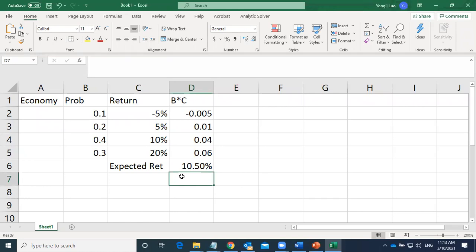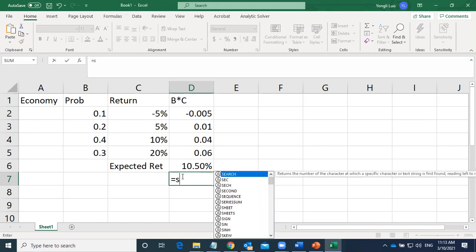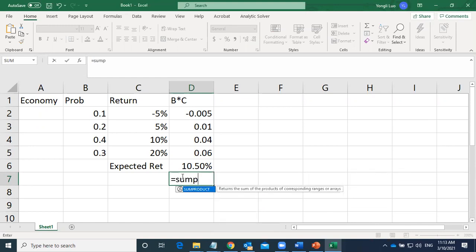In Excel, there is one function I suggest you use, the SUMPRODUCT. Learn to use the SUMPRODUCT function, and then you don't have to do the calculation step by step.